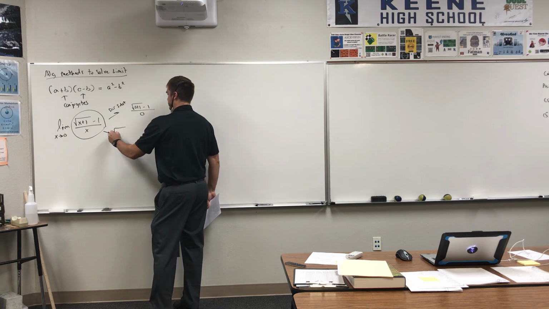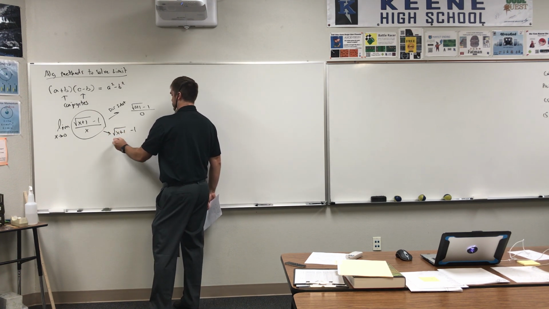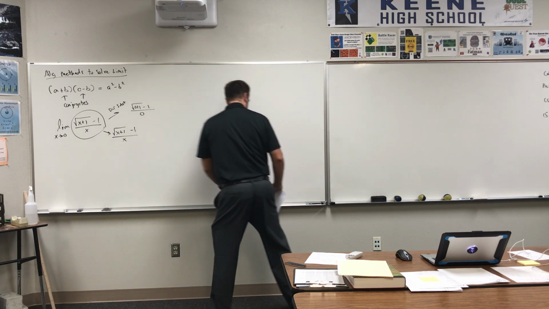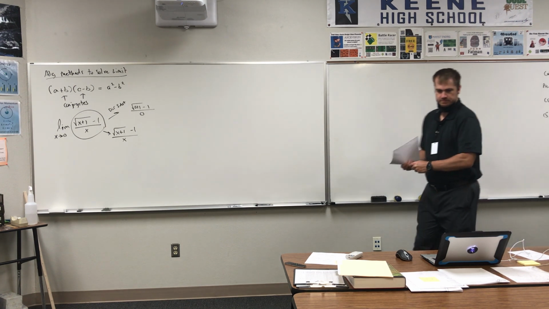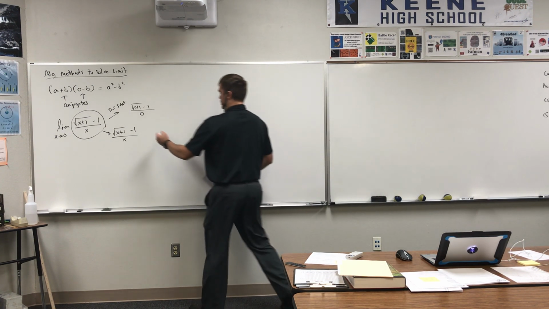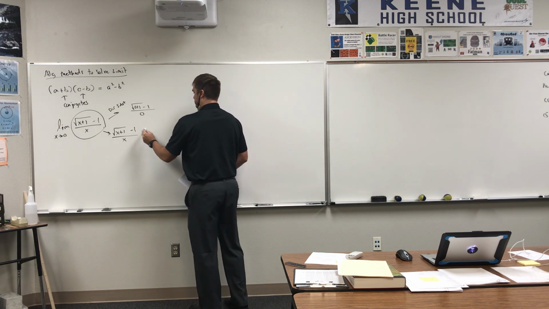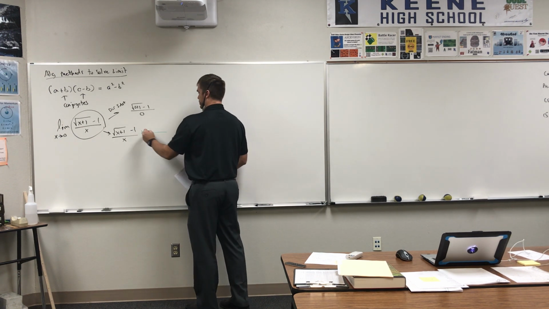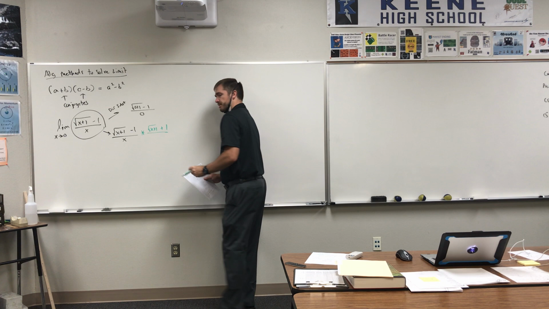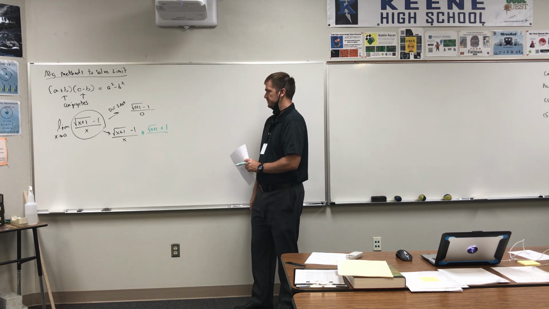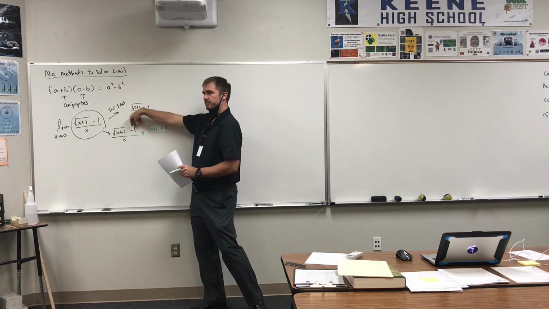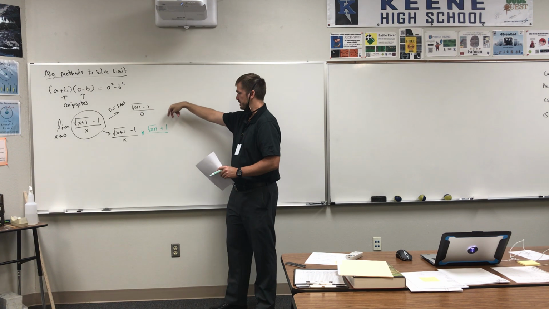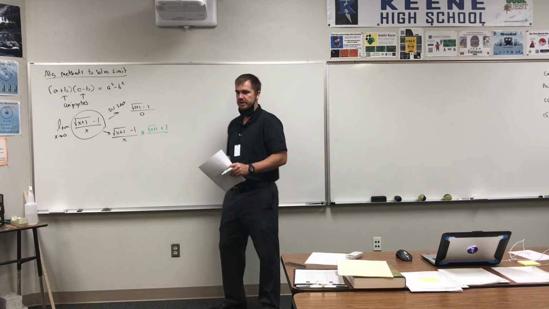So I'm going to take that square root of x plus 1, minus 1, all over x, and multiply it by its conjugate, square root of x plus 1, plus 1. Notice that square root of x plus 1 is sort of like our a term, and the 1 is sort of like our b term. So I'm multiplying by the conjugate, just putting a plus there instead of a minus, okay?